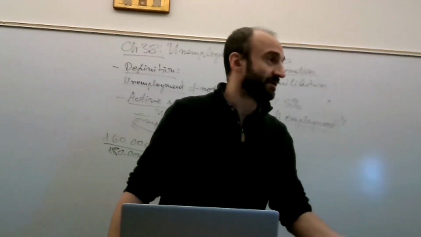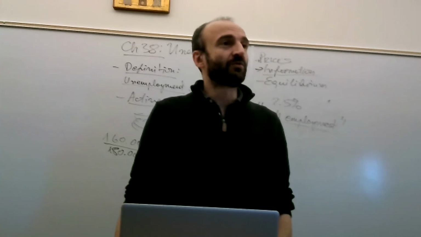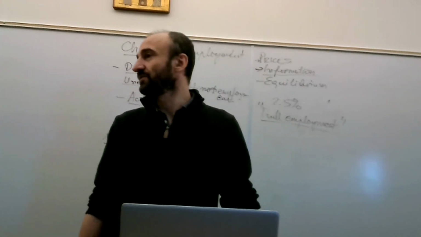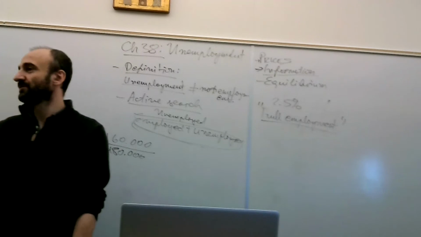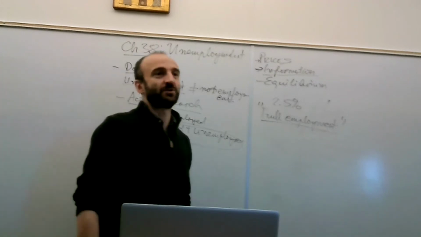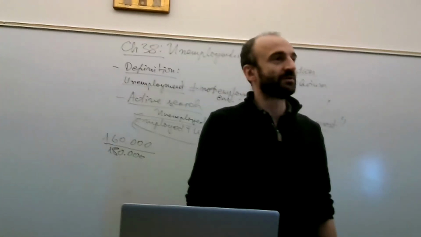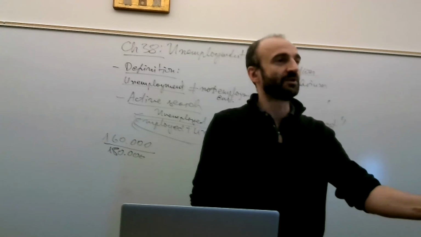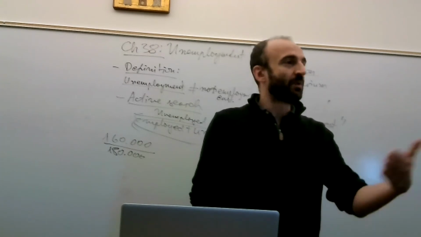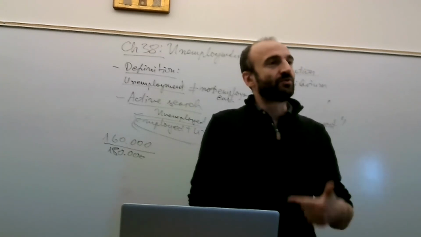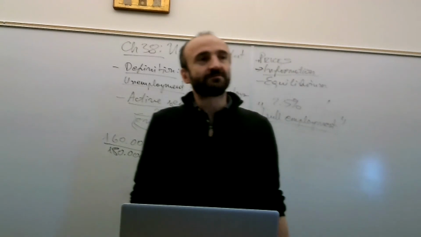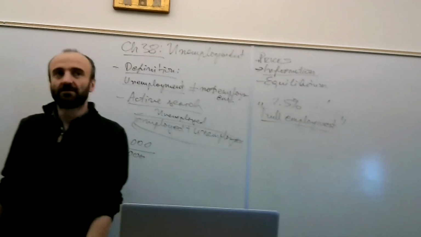They estimate the unemployment rate by interviewing what's called a representative sample of American households, a certain number of thousands of households in America, and they ask them questions about what is your status, whether in the last week you applied for a job, whether you had full employment or not. That's what they ask.